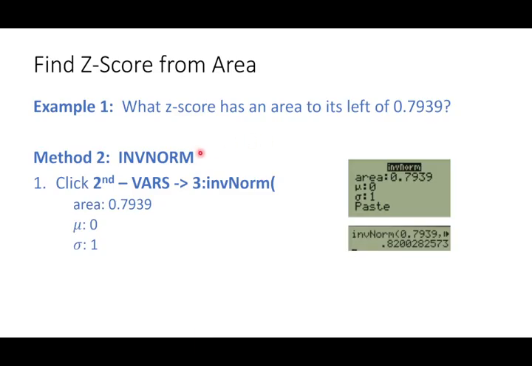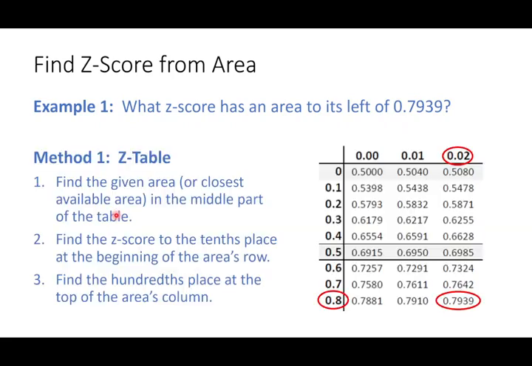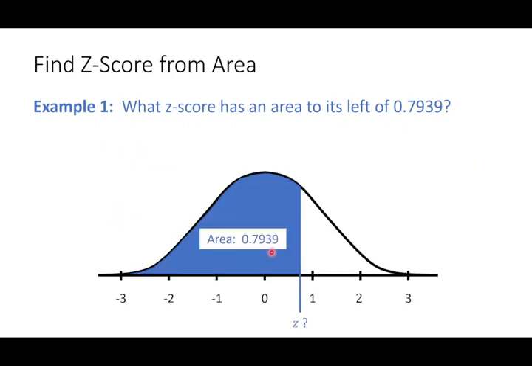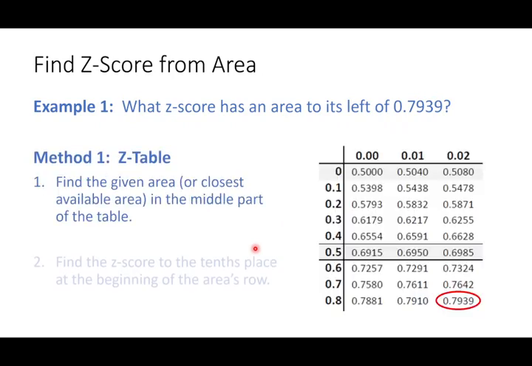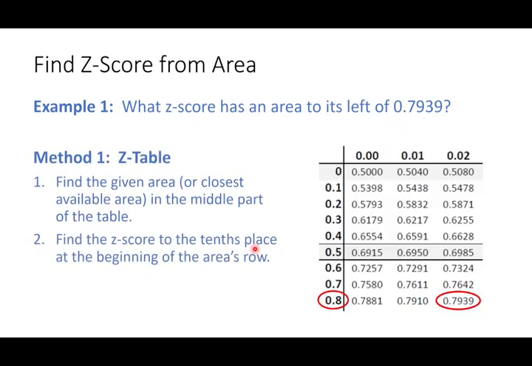Let's see, where were we on the slides? So we want the area left. That's why we did a picture. This is the area to the left of our magic z-score. So that's what we put in, and you put it in as a decimal number, not a percent.